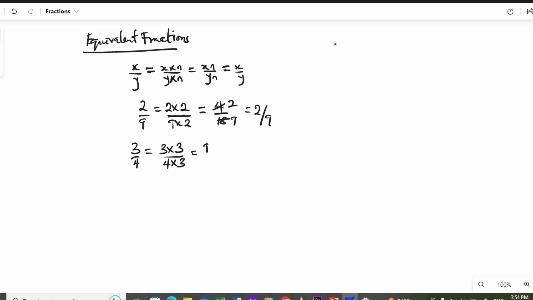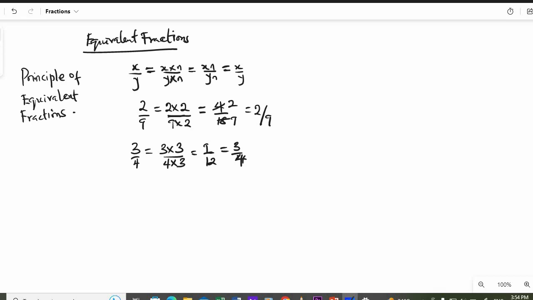We have what? 9 over 12. And if we were to reduce it to its lowest terms, we have 3 over 4. Okay, so we have now successfully demonstrated the principle of equivalent fractions.